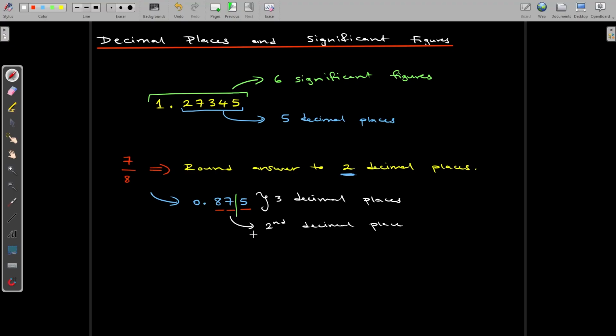So what we do is we identify the position we want.